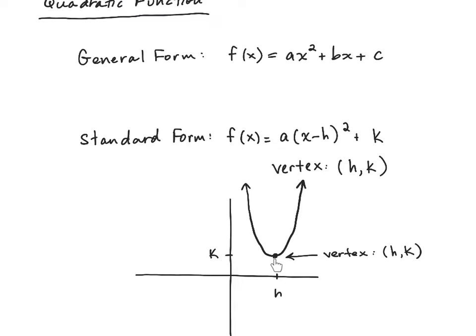The vertex has a coordinate location of h and k, and that location is embedded within the equation for the standard form of a quadratic function.